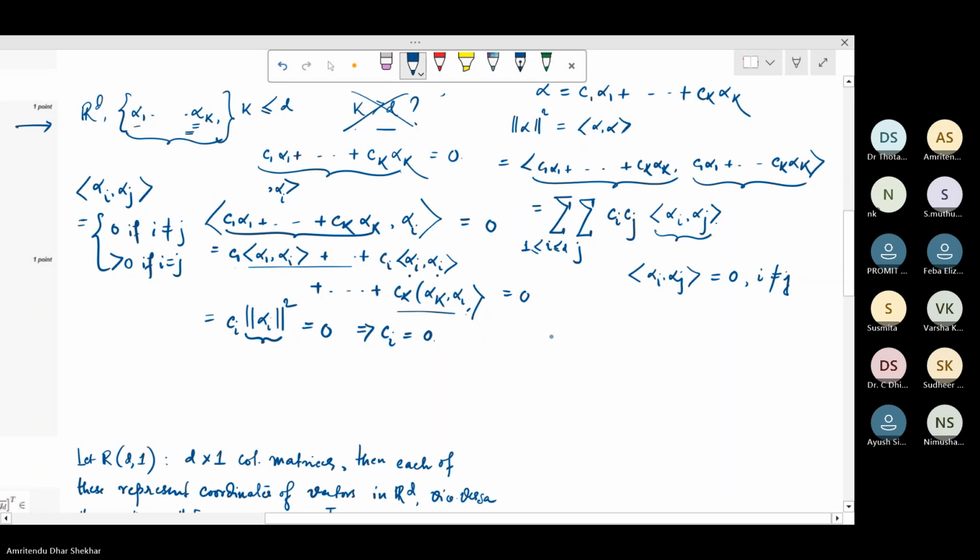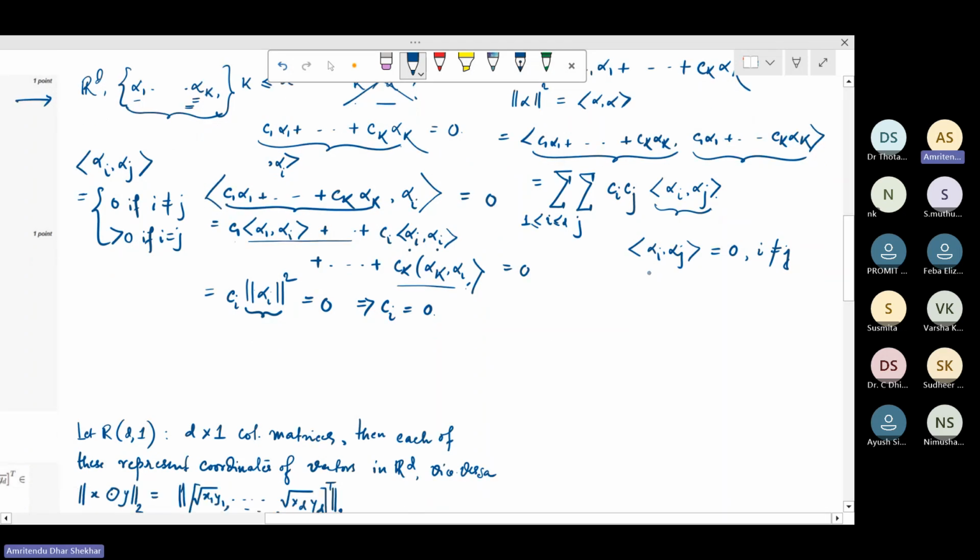So you plug this into this expression, and it is equal to this, because all the terms in which i and j are not equal drop to 0. So you are left with this term.